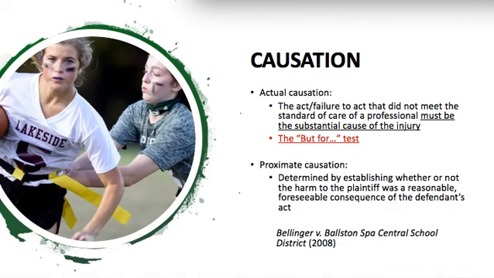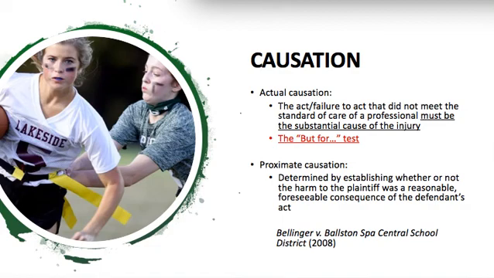But if they can't prove that this was a foreseeable consequence of the defendant's actions, then the plaintiff likely doesn't have a case, or at least would struggle to prove causation as a whole. So that's proximate causation. Again, both are really required to prove causation in court.